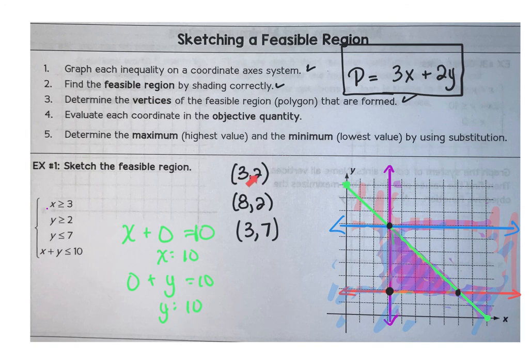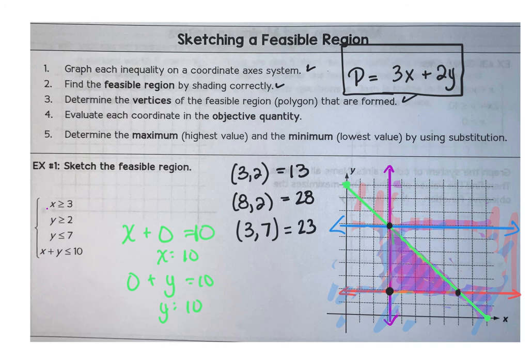So 3 and 2. 3 times 3 is 9, plus 2 times 2 is 4. 9 plus 4, that's going to give me 13. When I plug in 8 and 2, what do I get there? 24 plus 4. And then what about 3 and 7? 9 and 14, hopefully, right?